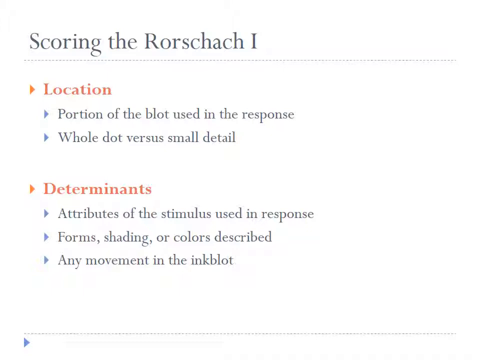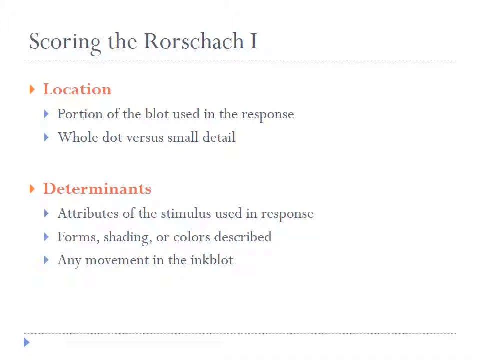There are several components of the response you look at. First, you would look at the location. What part of the picture did they use to make their response? You would look at determinants.